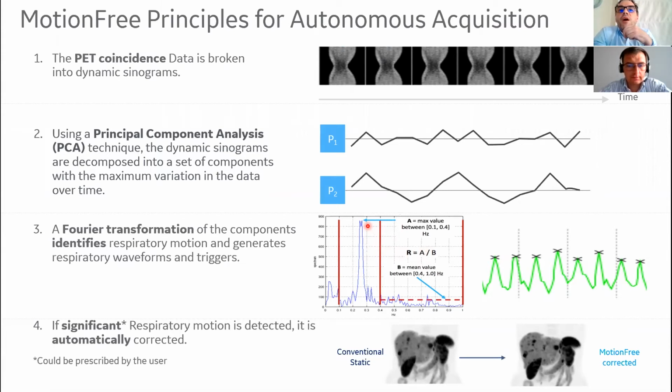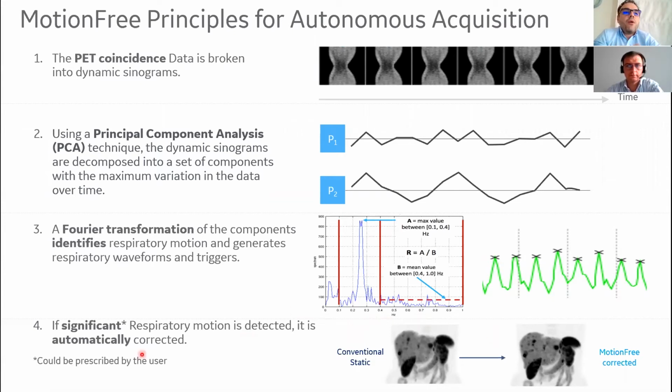When this R value is beyond a certain threshold, within 0.1 to 0.4 hertz, this means that it is due to respiration, and the respiration has a large impact on the image. Then the algorithm understands that it has to correct, and it does it in a fully automated way.